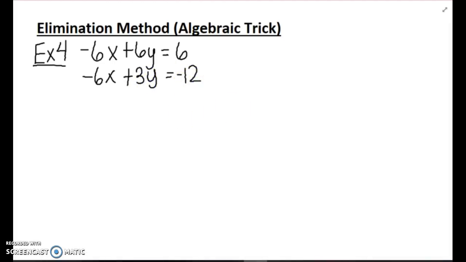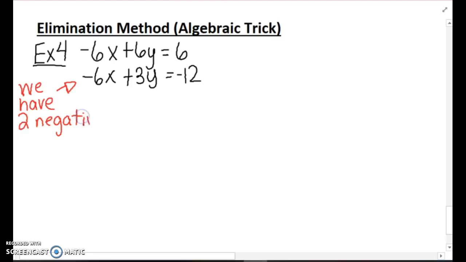If we recall, the elimination method tells us that we can eliminate a variable because we're going to have a negative and a positive. However, here we have two negatives. If I add two negatives, they will not cancel out.